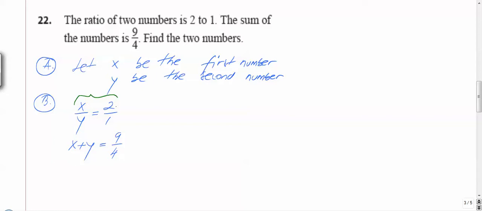Well, x over y is 2 to 1 implies that they have a common factor, let's call it n, right? That when you divide x by y, it gets cancelled out. But this allows me to say that x will be equal to 2 times that greatest common factor, right?